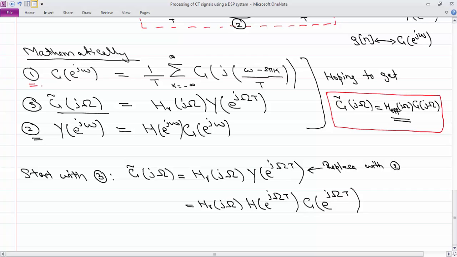I look at block 1. This is G of e to the j omega, with little omega replaced by capital omega T. So I just replace this with 1.